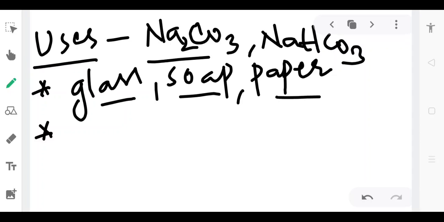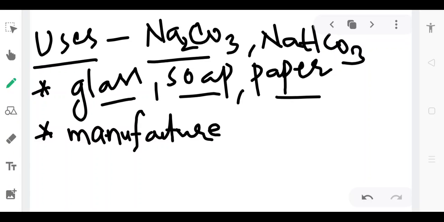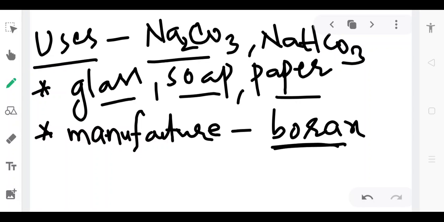The next use is in the manufacturing of sodium compounds such as borax. Washing soda can be used to manufacture sodium compounds, one of which is borax.